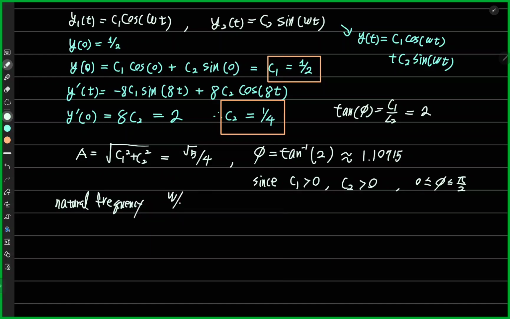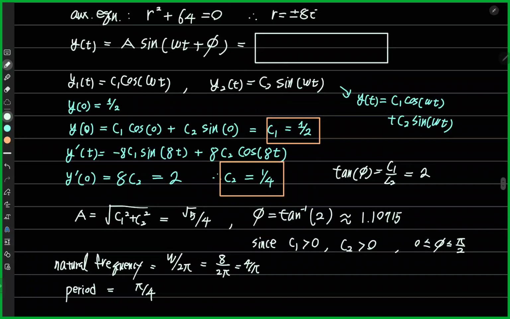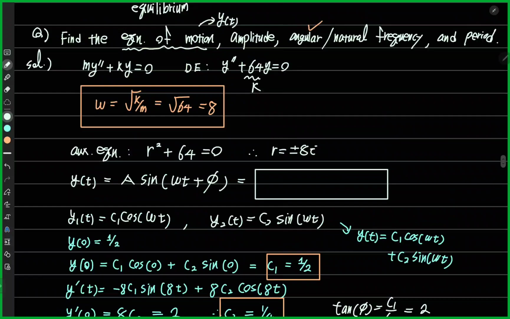So 8 over 2 pi is 4 over pi. That's the natural frequency, and then the period is pi over 4. So we figured out everything: the amplitude, the phase angle, the natural frequency, and the period.